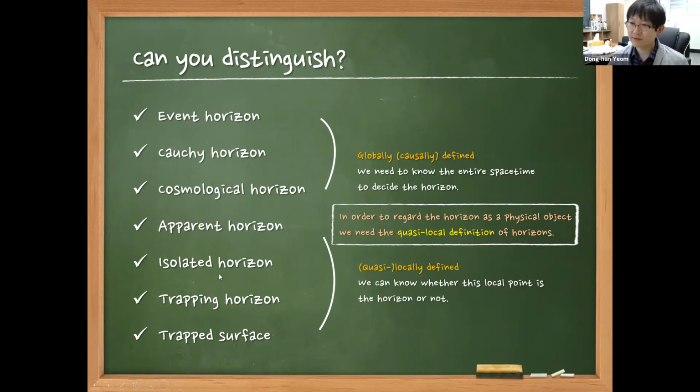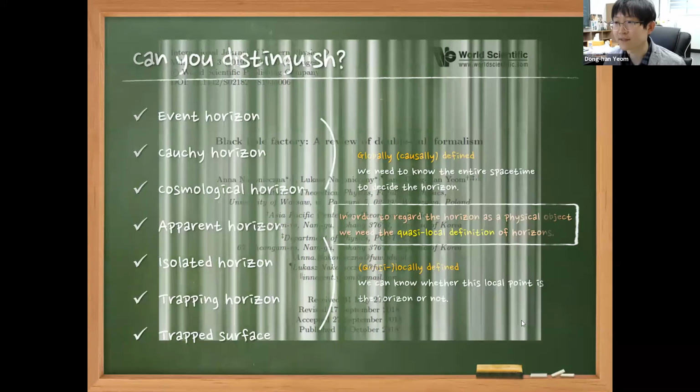There are many different definitions, but if you are restricted to the spherical symmetry case, then in my understanding, all of the definitions are the same. This is thanks to the spherical symmetry. For more complicated situations, the definitions may be a little bit different, but at least in the spherical symmetry case, I think all of the definitions are consistently the same.